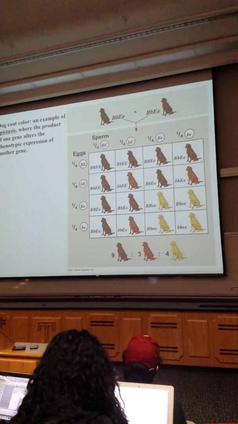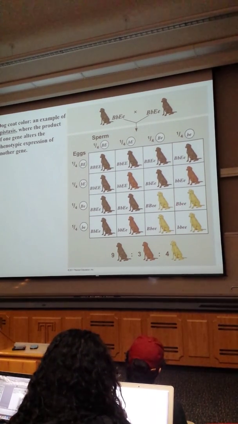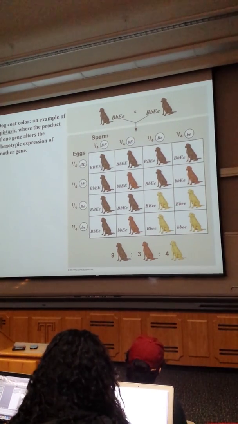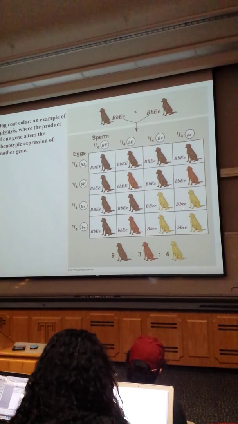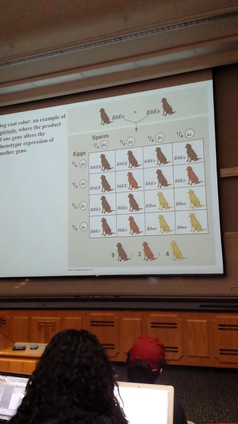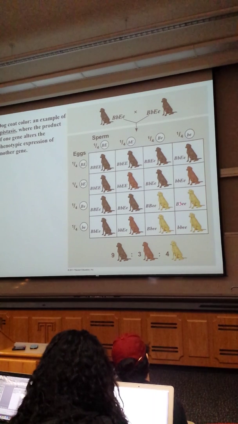Whereas if you have very little of that transcription factor available, shown here with the lowercase b, and you have a gene that encodes a very sluggish enzyme involved in generating pigment, then you're going to get a much lighter coated dog.